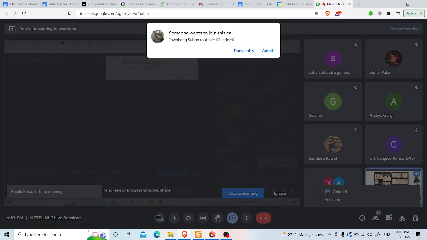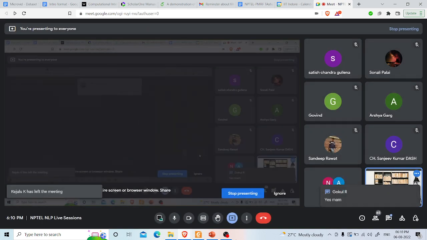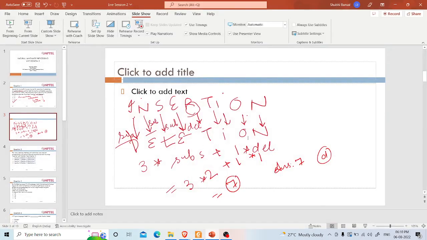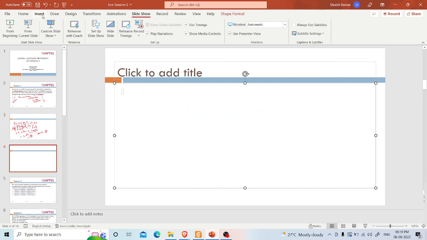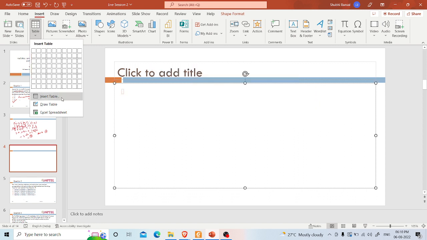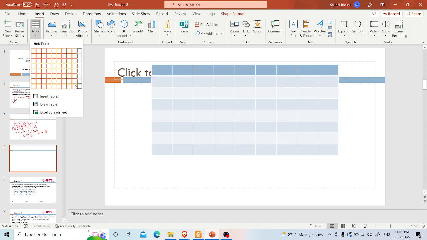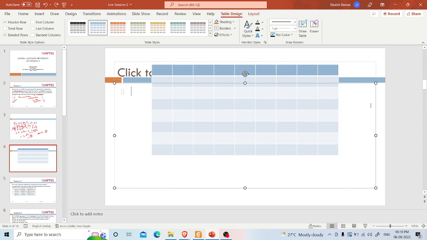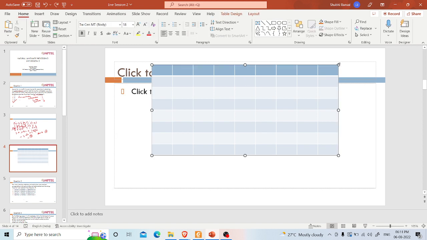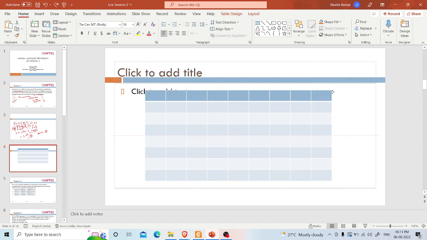So there is also another way to solve this. We can create a table as well. So what we can do, you can create a table also.